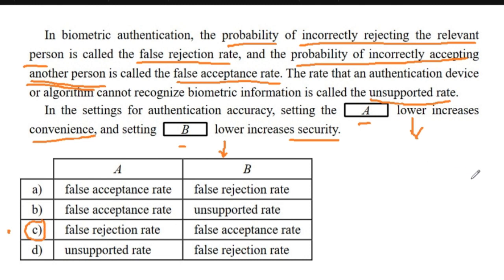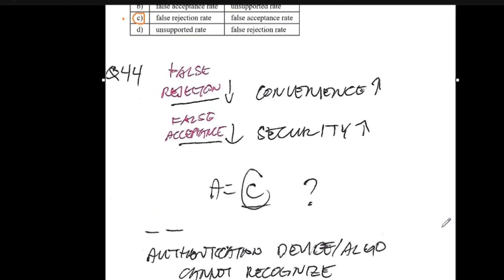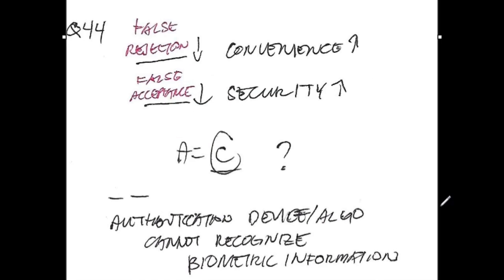Let's see my notes to find out if there's something else that I need to add. Okay, so lower the rejection of the guy who is supposed to be who he is. That's more convenient for all of us.